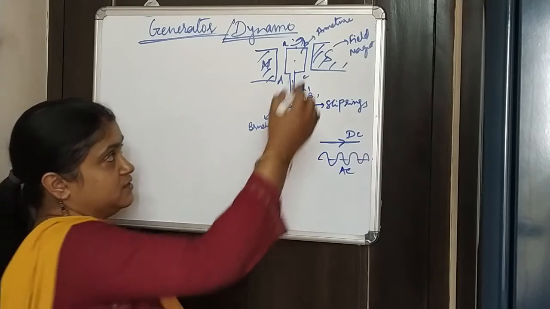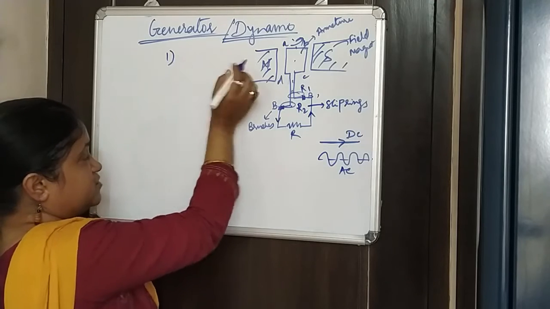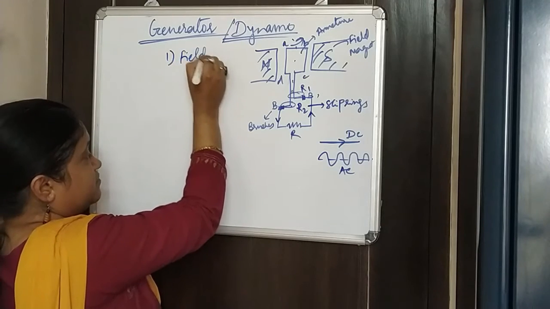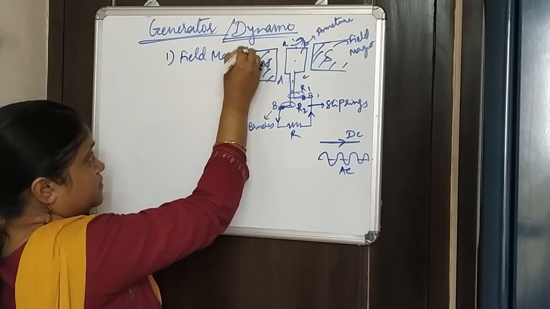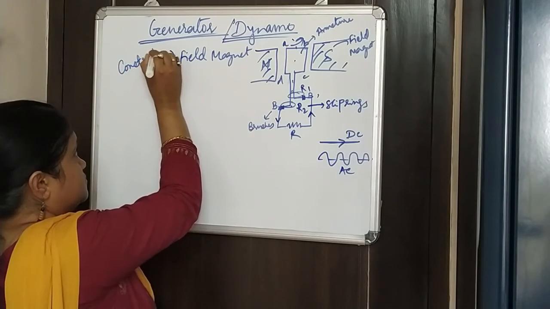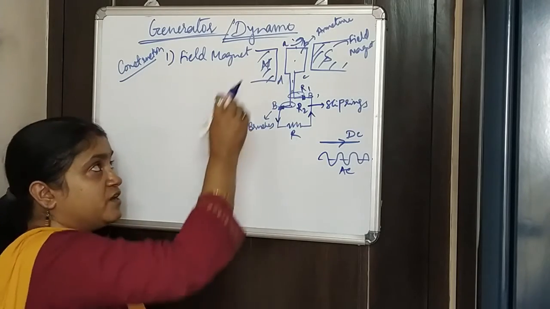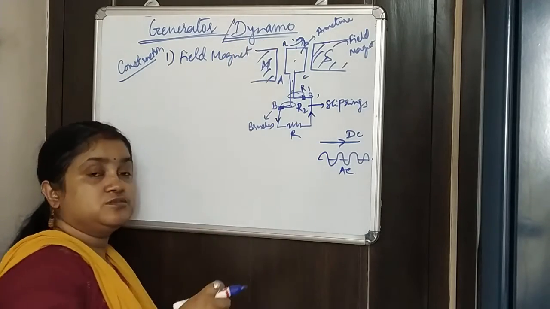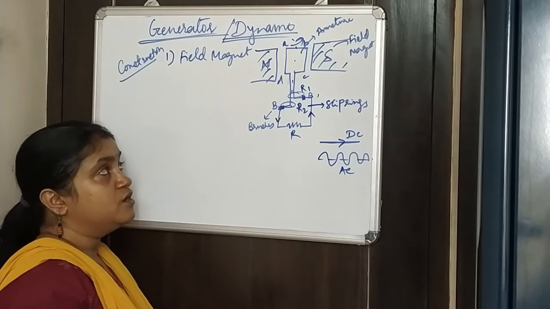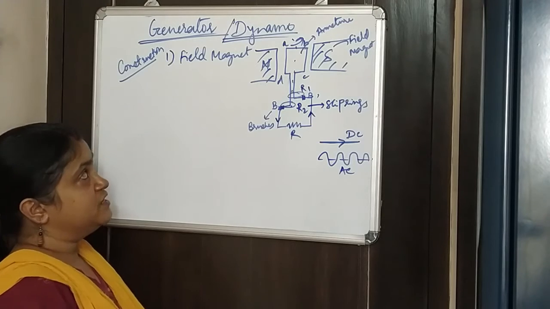Here the first thing is we have a field magnet. In construction, the first part is the field magnet, where we see the north and south pole of this magnet. So these are the two field magnets.